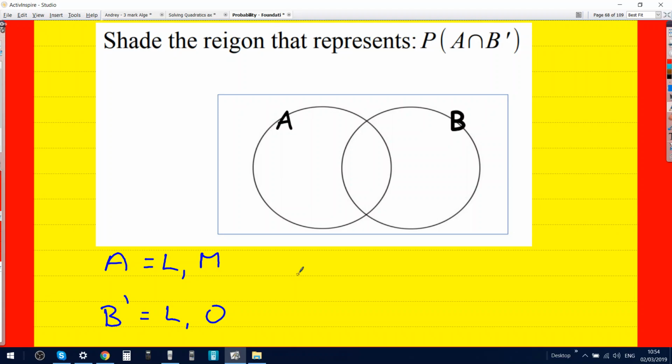Oh, union. So would it be, is it L? Yes. So you said or, but it was actually and. Oh, okay. The region is in both A and not B.